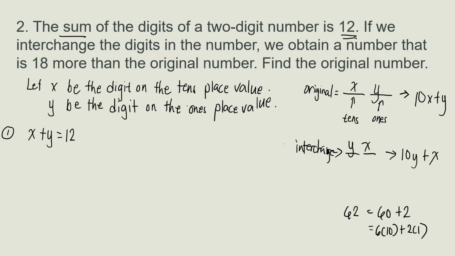So let's erase this one under. We might mix up. This is not the real number we are looking for. Now, let's use this one to write an equation based on the second sentence. If we interchange the digits in the number, the interchanged one is 10y plus x.